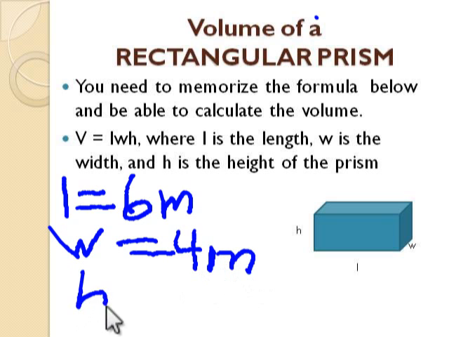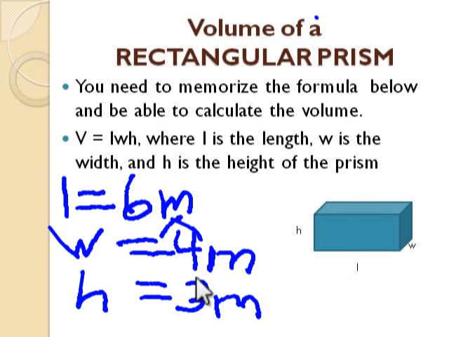And the height is 3 meters. So according to the formula, LWH, all I have to do is multiply 6 times 4 times 3, and that's going to give me my volume.